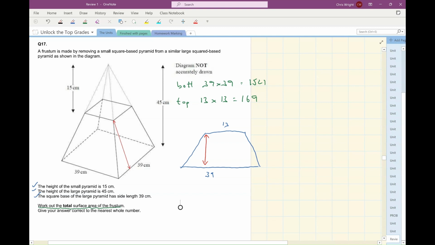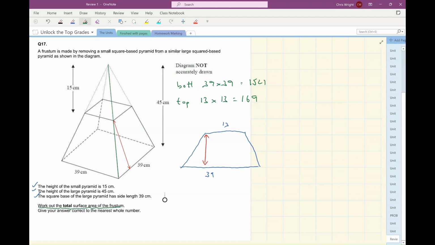Okay. Now, with a square-based pyramid, it's often useful to find this length here, which I'm about to mark in green. It's often useful to find the length of that edge there, that green edge. Now, you're probably thinking, how on earth am I supposed to find that green edge length?